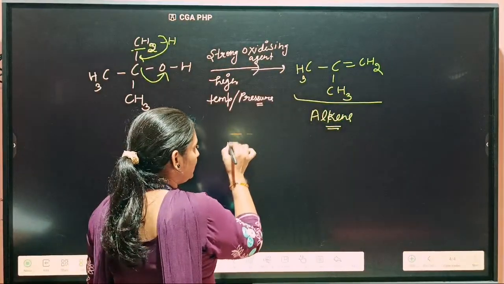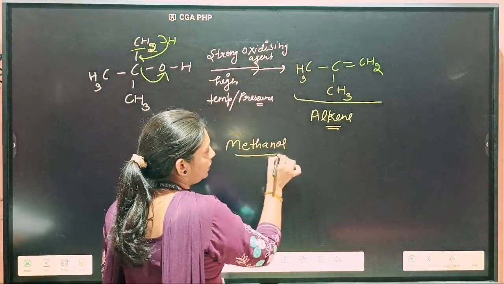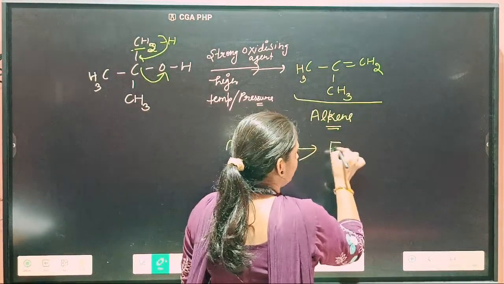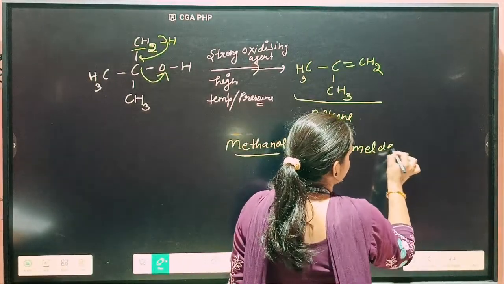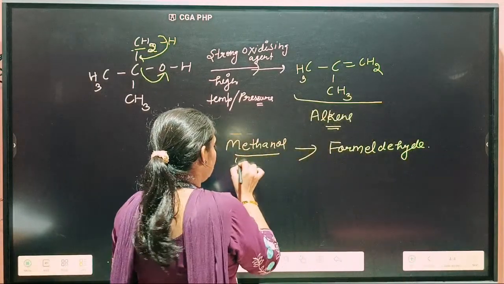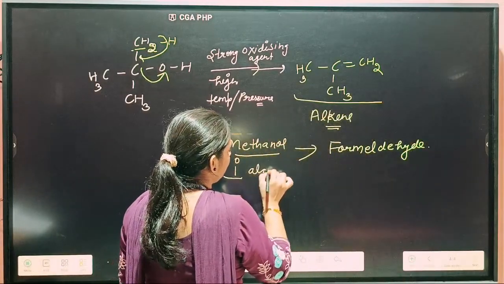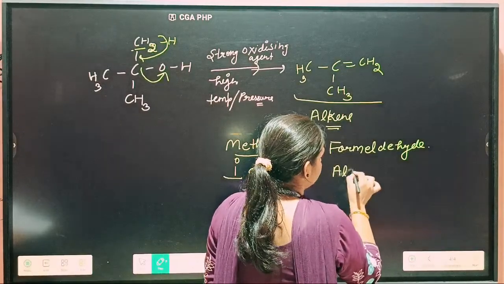If we have methanol, then we get formaldehyde. You will keep in your mind these points. If we have primary alcohol, then by oxidation we get aldehyde.